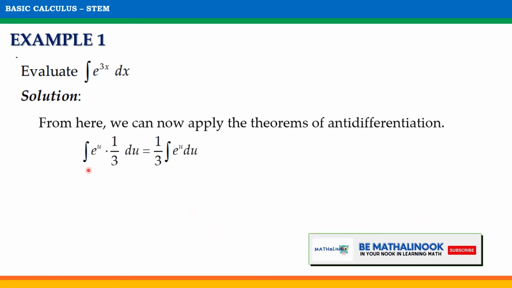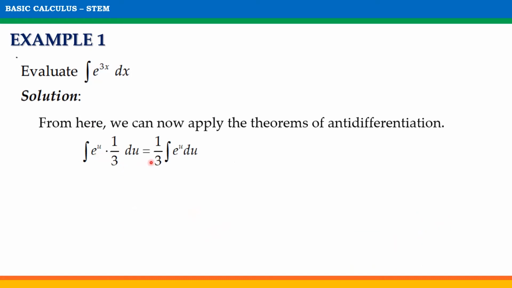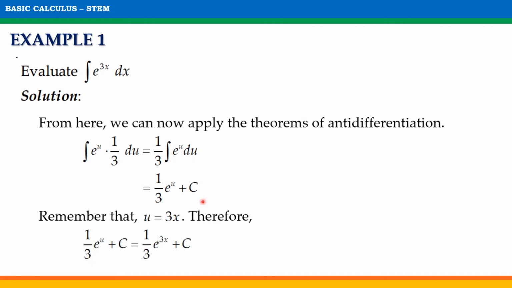Since we have the antiderivative of e raised to u times 1/3 du, that is equal to 1/3 times the indefinite integral of e raised to u du. When we solve the indefinite integral of e raised to u with respect to u, we will have 1/3 e raised to u plus c. But remember that u is equal to 3x. Therefore, our final answer will become 1/3 e raised to 3x plus the constant c.